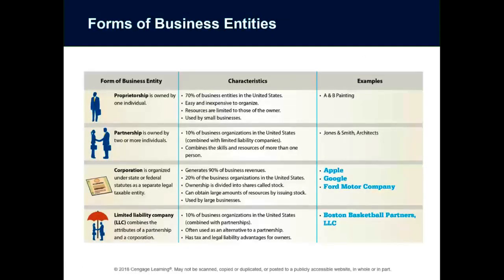Businesses, we learn, can be either a service, manufacturing, or merchandising business. Within those types of businesses, we could also form ourselves as either a sole proprietorship, a single owner business. We could be a partnership, which is two or more individuals. We could be a corporation, which is organized as a separate legal entity in the state of incorporation.